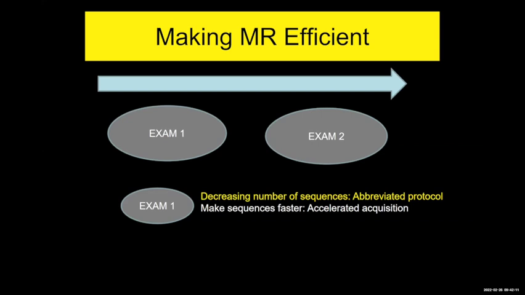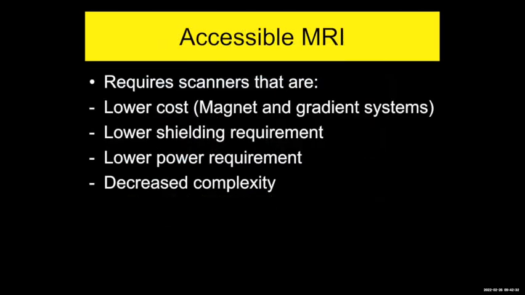Can we make sequences faster, so that we acquire the information content in less time? If you do that, then you have an accelerated exam that can be combined with an abbreviated protocol. Even when we do this, we don't truly solve the problem of cost and accessibility, just because the MR scanners themselves are really expensive.